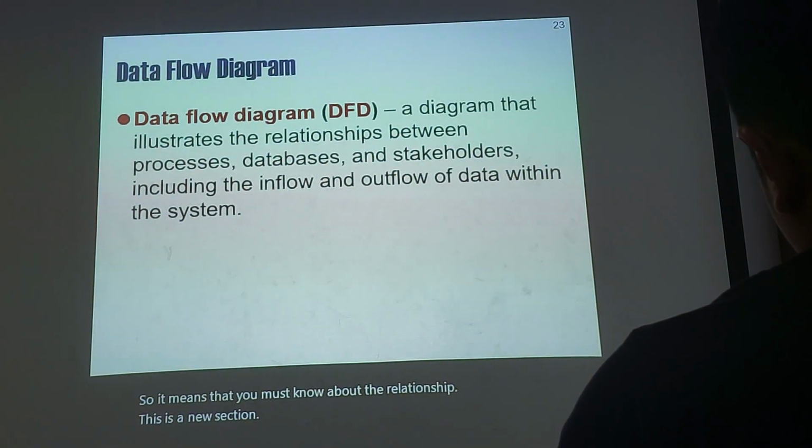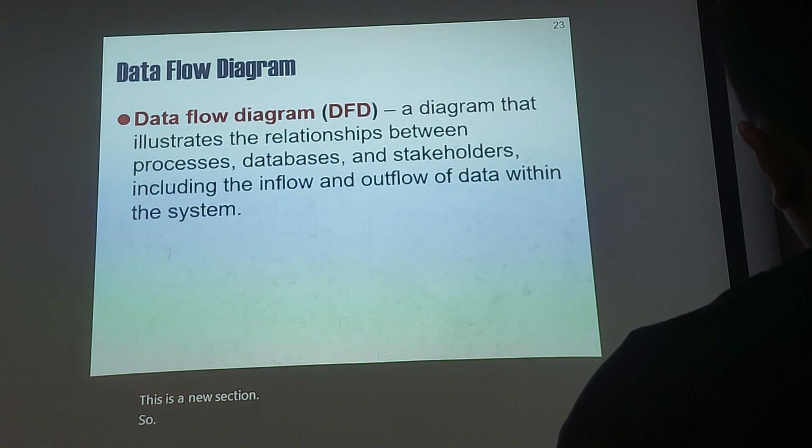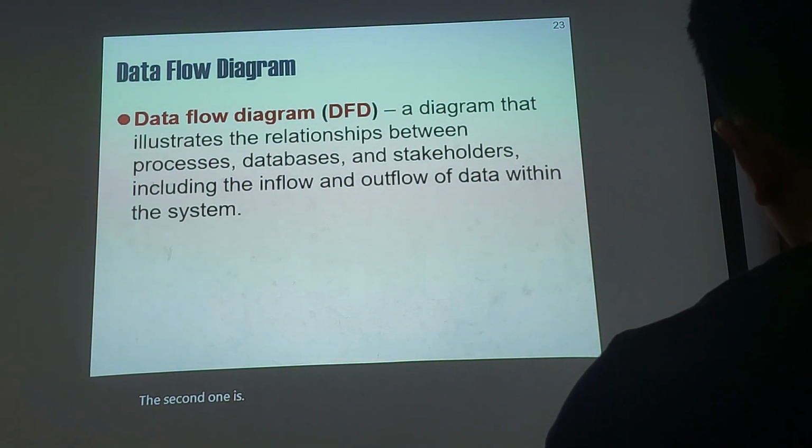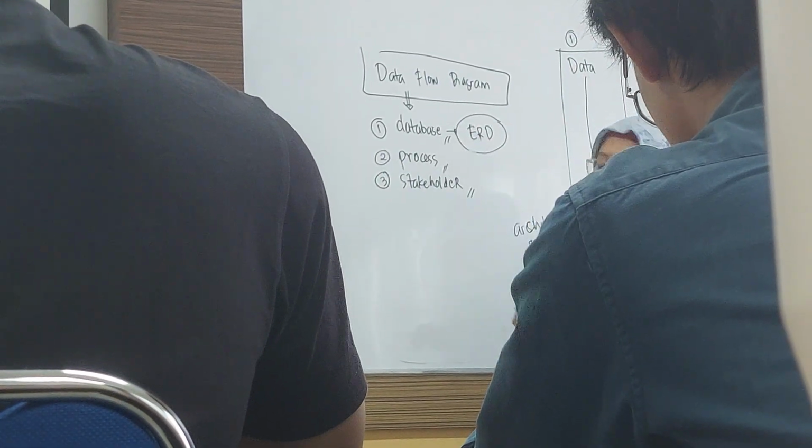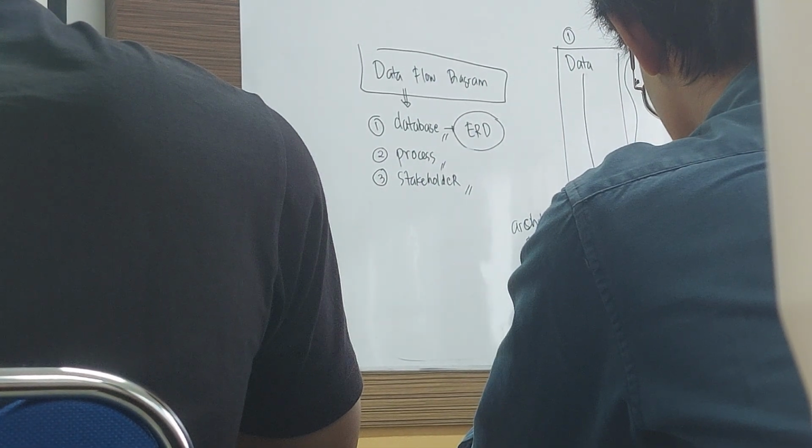The second one is database and process. So the data flow diagram contains database, process, and stakeholder.